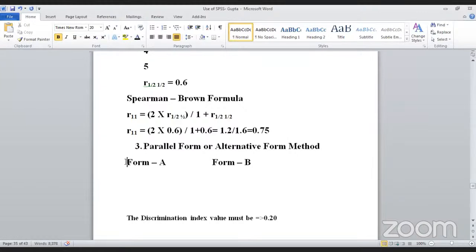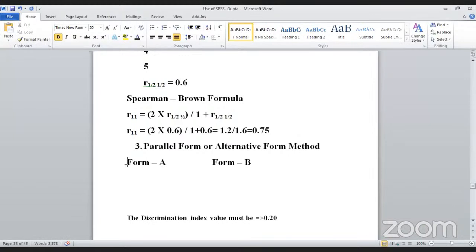So you can administer form A first. If you are going to one institute in the morning, administer form A. It will take, say, 1 hour. Then if the same institute permits, after a gap of 1 or 1.5 hours, form B can be administered on the same students.